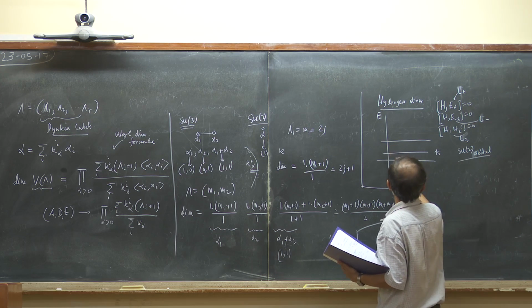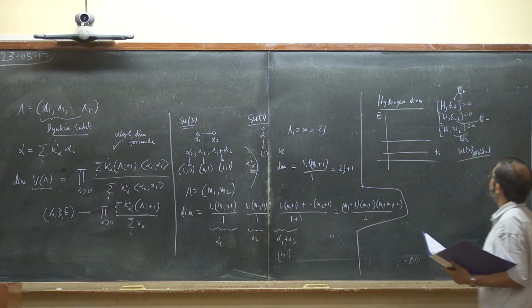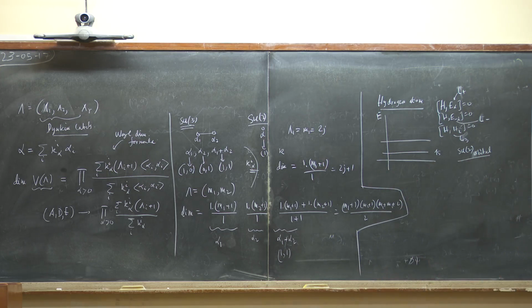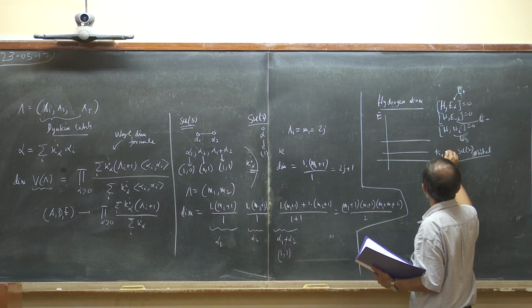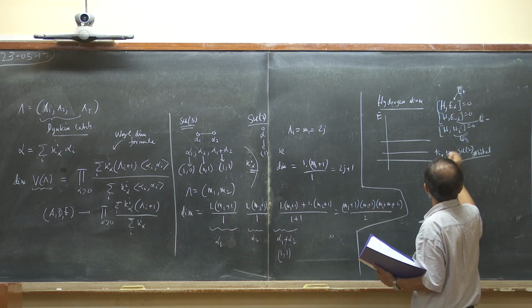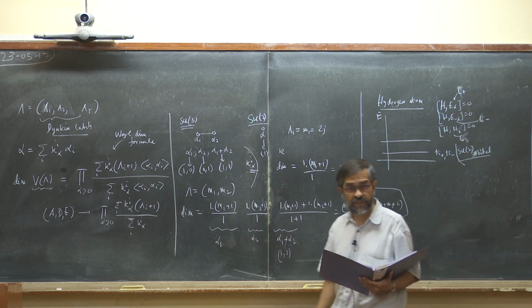So now if I also include the spin, the non-relativistic Hamiltonian does not depend on spin at all. So therefore, there's one plus and one minus, where plus and minus are the two spin doublets.